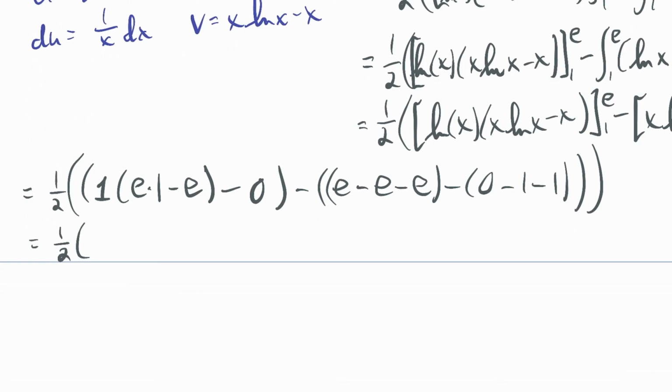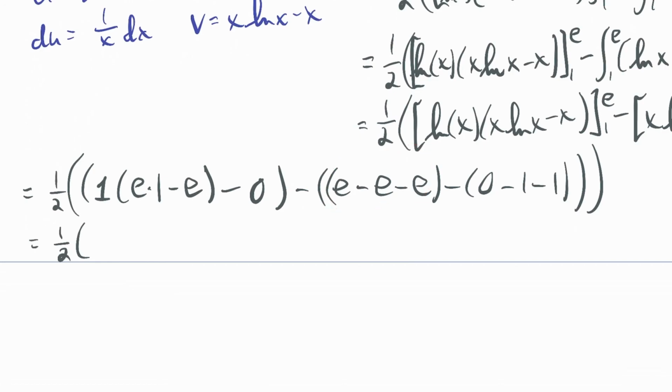Okay, so this is, well, 0, right? Plus e, plus 2. No, minus 2. Minus 2. Okay. Let's do it this way. Make sure that things are clear. Okay. e minus e is 0. 1 times 0 is 0. Minus 0 is 0. e minus e is 0.